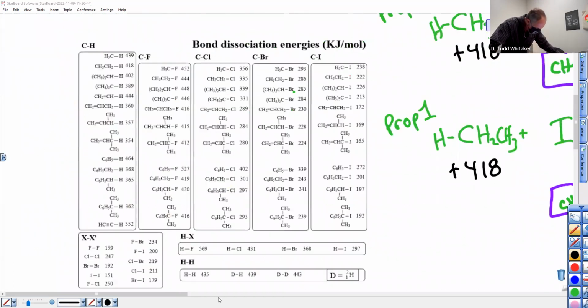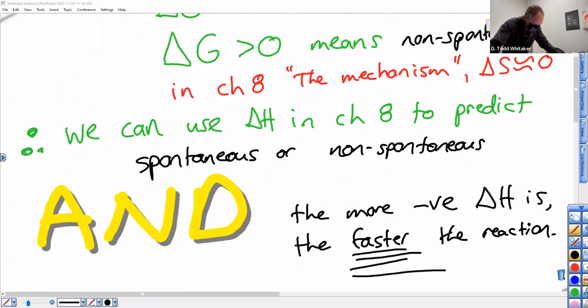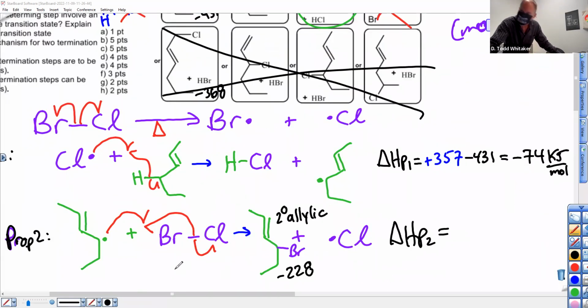Circle, right in here, ClBr. Negative 219 or positive 219? Negative. No, it's positive. It's breaking it. Oh, okay. So a student just said she's confused. Please stop. Breaking bonds is endothermic.